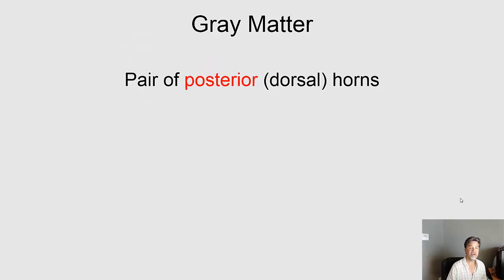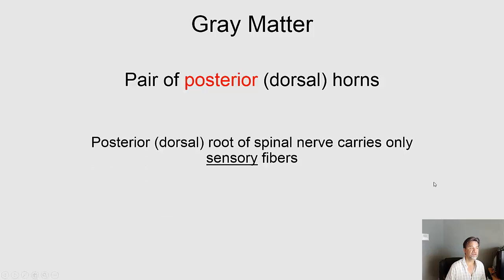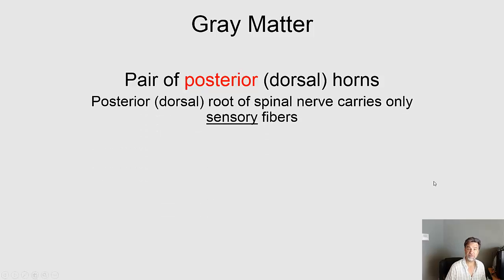Okay, so gray matter has the posterior gray horns, right? There's two of them, one on each side, since the spinal cord shows bilateral symmetry. These are where the sensory fibers are conducting to. They carry the information from all the receptors in the body that are detecting the various aspects and status of the body and projecting it inward.